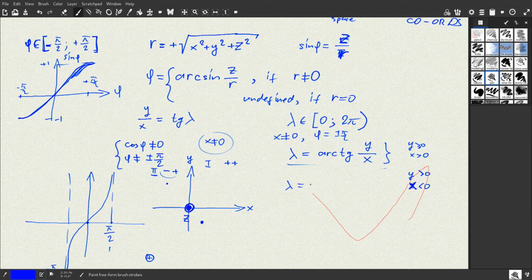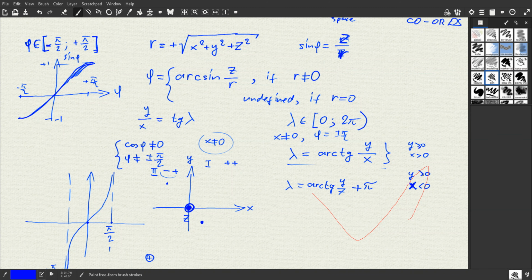What should we do instead? It is again arctangent of y divided by x, but what do we change? We would get here, whereas we need to get here. The difference: plus pi, correct? And yes, obviously tangent has a period of pi, therefore without changing the tangent, we can add pi. Therefore, it is plus pi, okay?